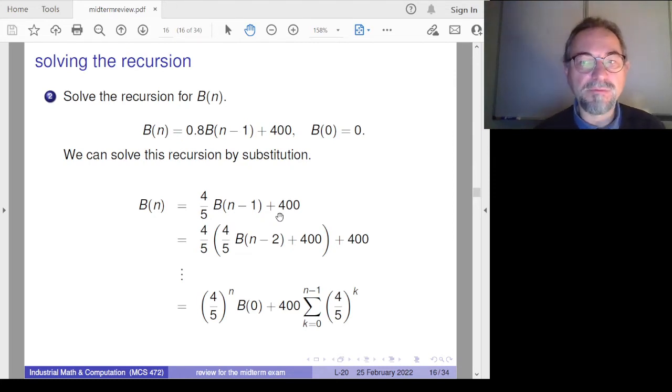Okay, so we can solve this recursion by plain substitution because it's a recursion that has only one term. So let's do this. So we observe the pattern. So if we replace the 0.8 by 4/5, so we see that after doing the substitution once, we get 4/5 to the power 2.